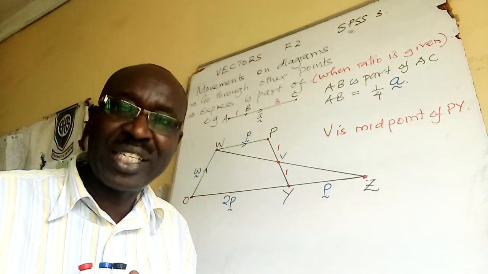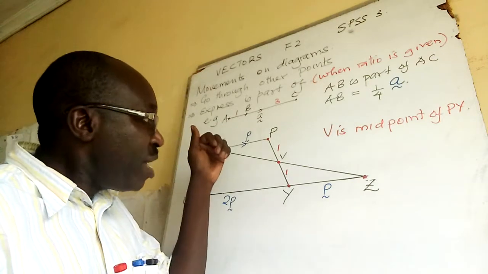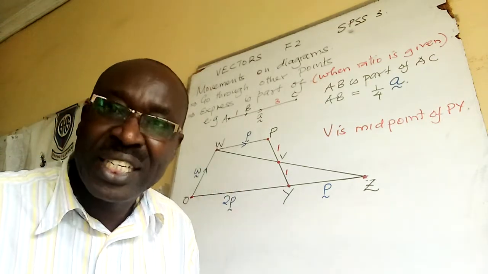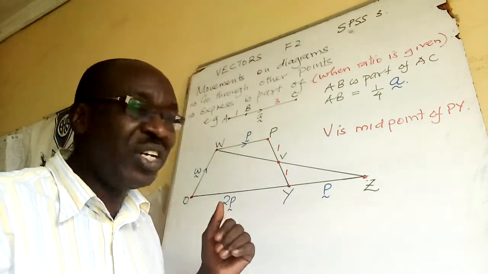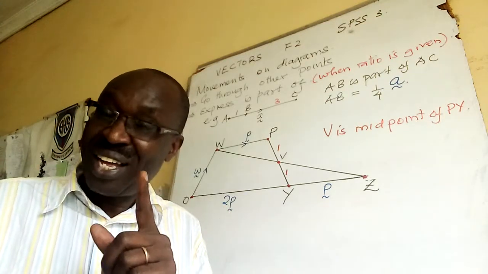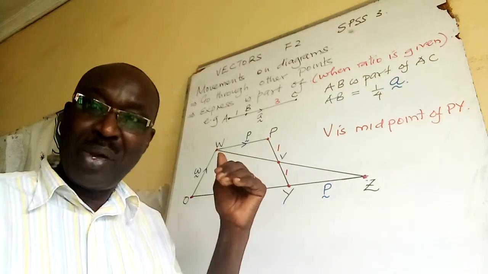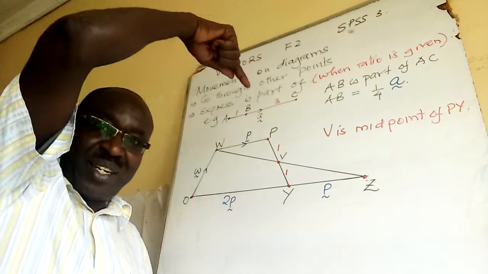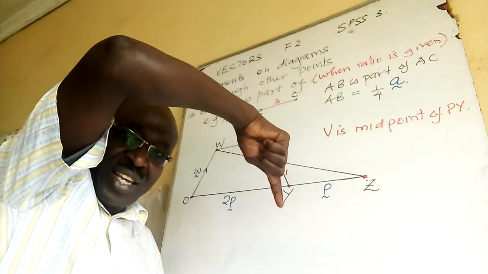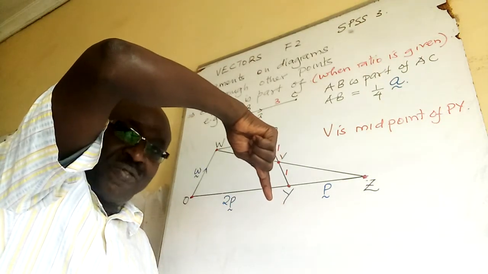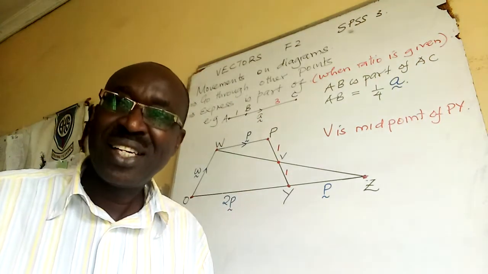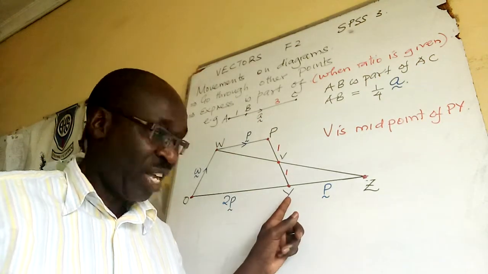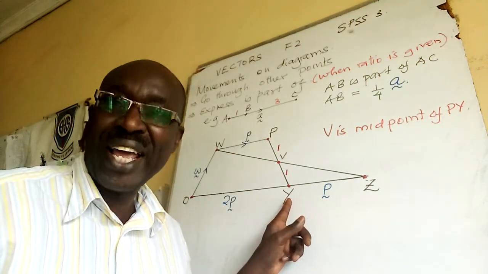Come to the second aspect. PV is equivalent to VY. Now here, this is very important. PV, you see the direction? PV is equivalent to VY. Why? Now I'm asking you why?